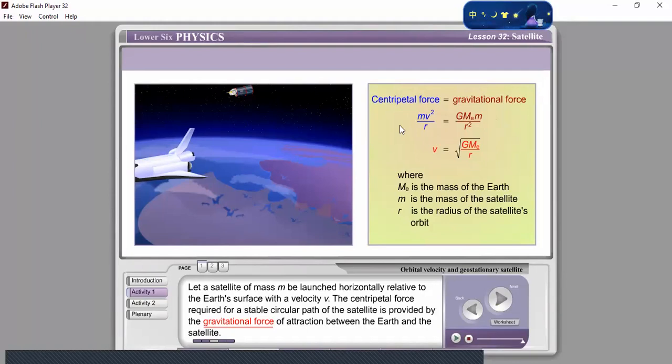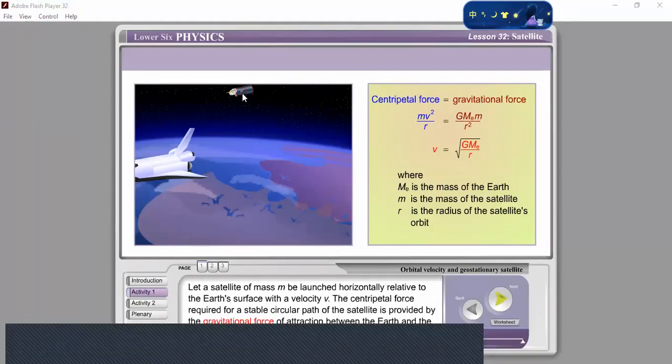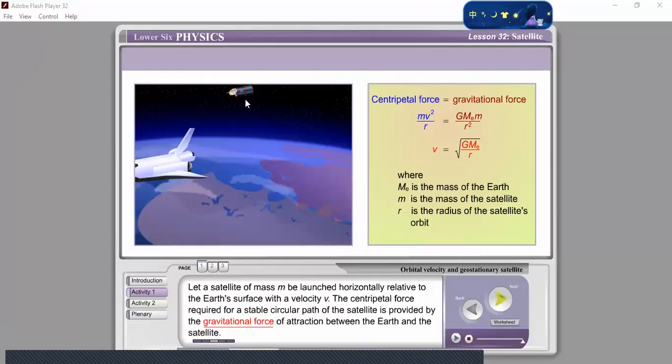Second, the satellite always orbits the Earth, right? So this means that in circular motion, there will be a centripetal force acting on the satellite, that causes the satellite to always orbit around the Earth. So from here, what is the function of the formula? We use the concept of centripetal force equal to the gravitational force.